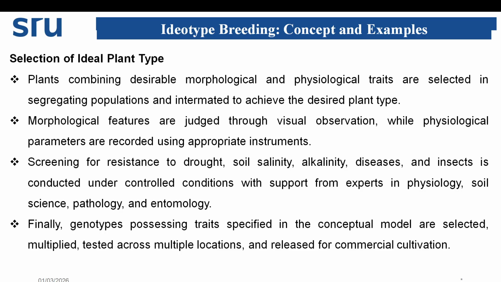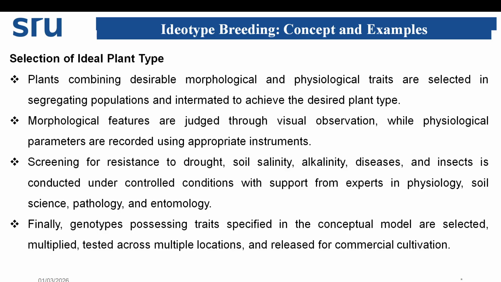So first you need to select the plants in segregating population like F2 onwards. You need to do intermating in between to achieve the desired plant type. You need to record the morphological observations visually. You need to record the physiological data by using the appropriate instruments.